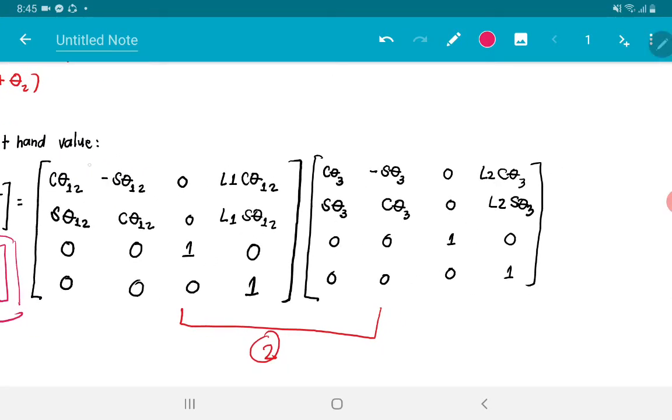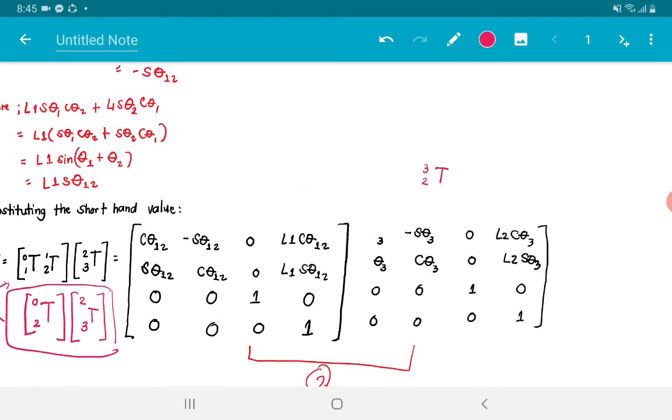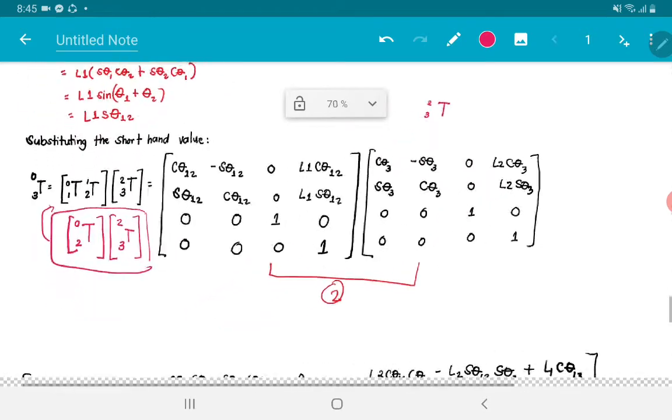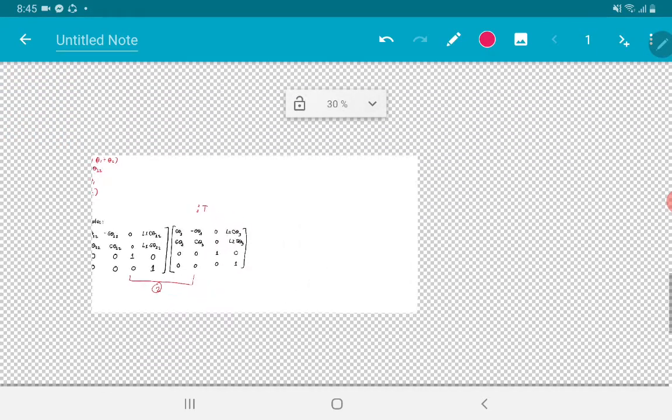So the matrix that we have derived from the substitution of values is multiplied by the translation of 3 in terms of 2. So there is the matrix that you need to multiply with the first.